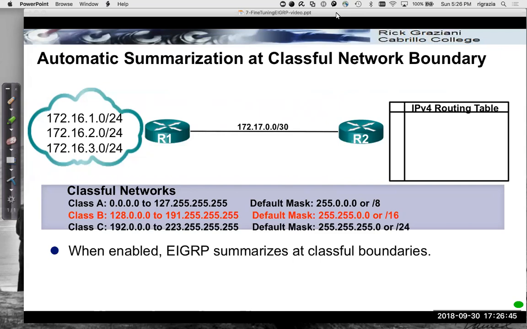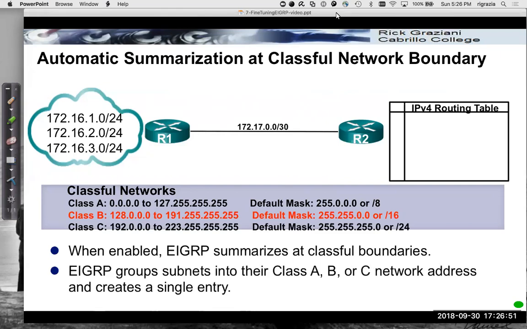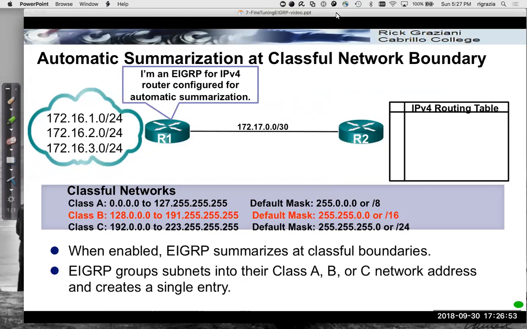When there's another network that does not belong to that specific network, and EIGRP is configured for automatic summarization, it will summarize that network using its classful mask /16. Okay, so router R2 only has the 172.16.0.0/16 entry in its routing table.